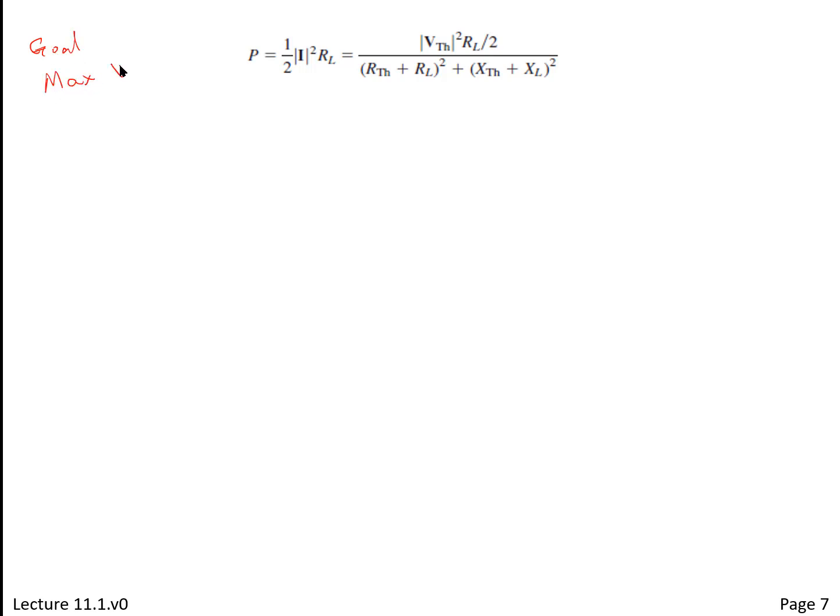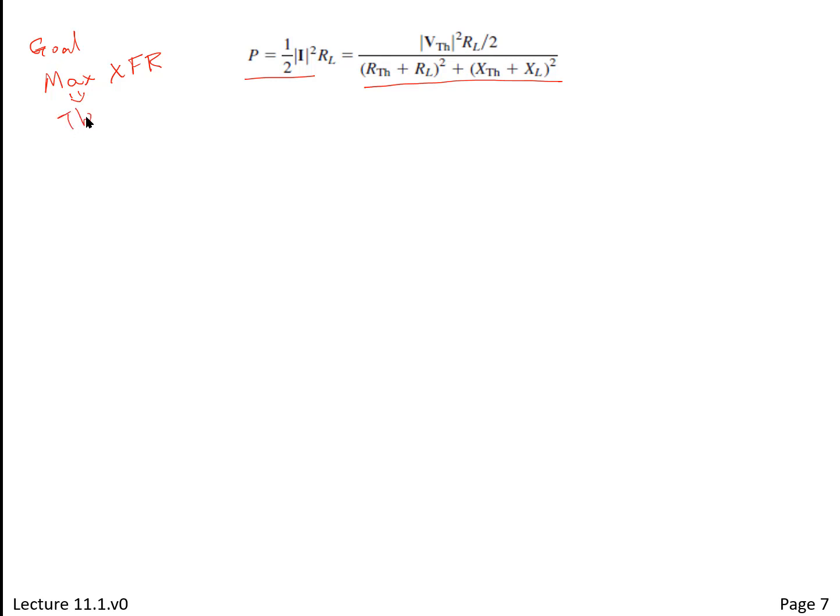Maximum transfer. Average power. So here we've got average power in terms of our maximum. Thevenin made it maximum.